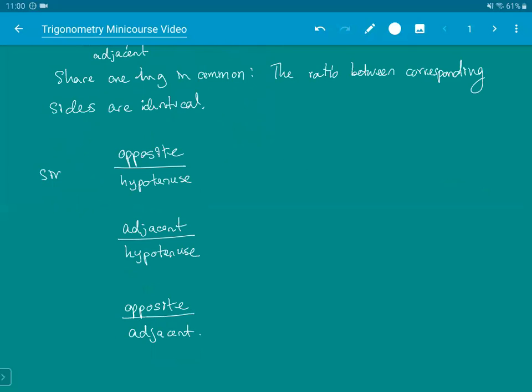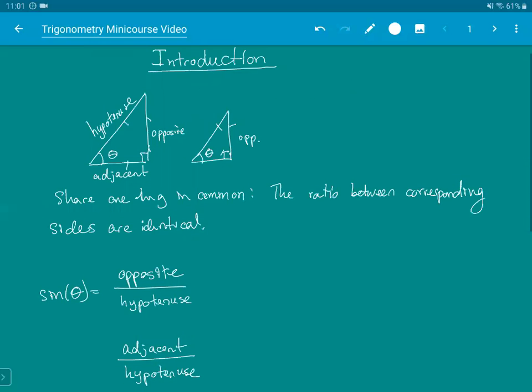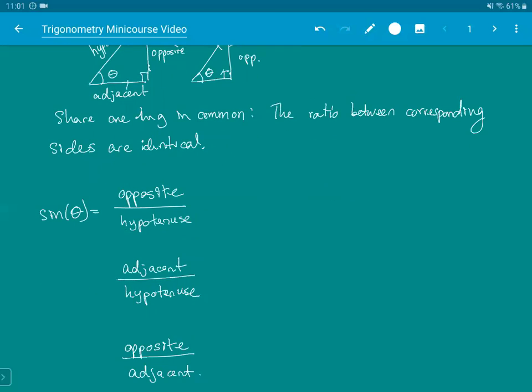I should clarify, I don't mean that these three values will be equal to each other. I mean that all the triangles will have the same opposite over hypotenuse ratio, the same adjacent over hypotenuse ratio, and the same opposite over adjacent ratio. And because we're labeling them according to their angle, that's the one feature that they share, we are going to define these ratios based off of the angle.